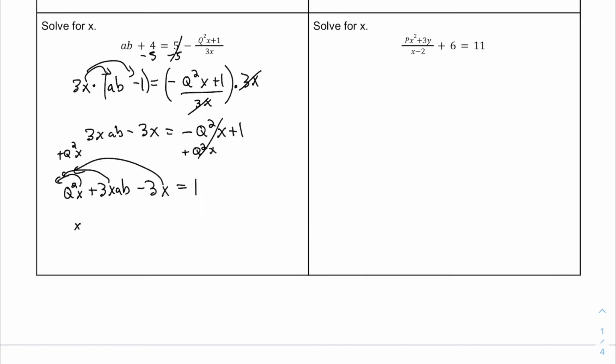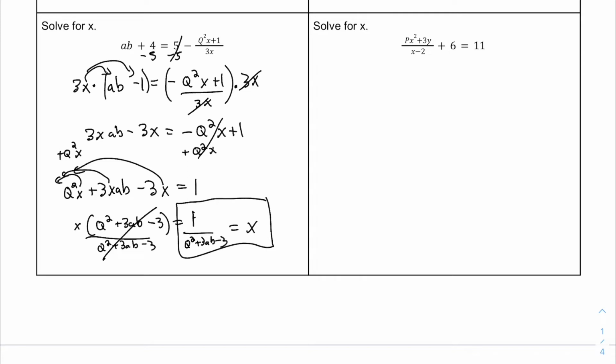We get x times q squared plus 3ab minus 3 is equal to 1, and divide by q squared plus 3ab minus 3. So these cancel, leaving us with this expression is equal to x.